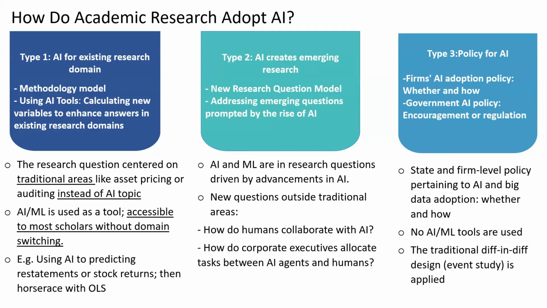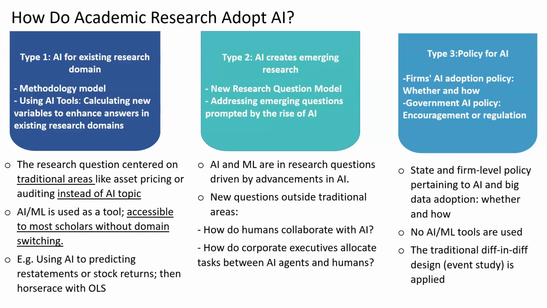So type 1, we call it the methodology model. It's AI for existing research. For example, we're using AI to predict stock returns or using AI to predict restatement. Predicting stock returns is a traditional question in asset pricing and investment. It's not a new question, but we can use AI as a new tool to provide new answers to existing questions.